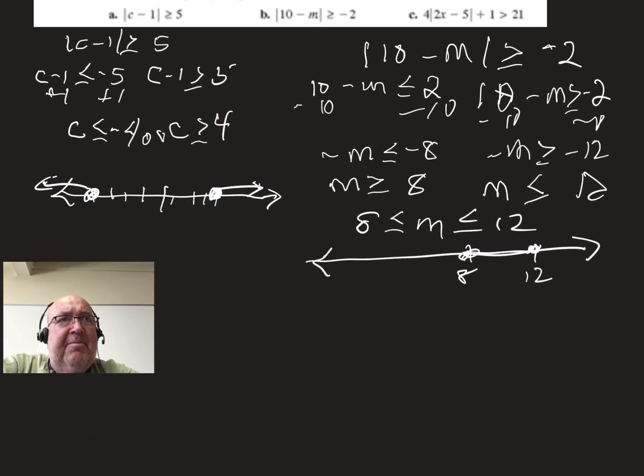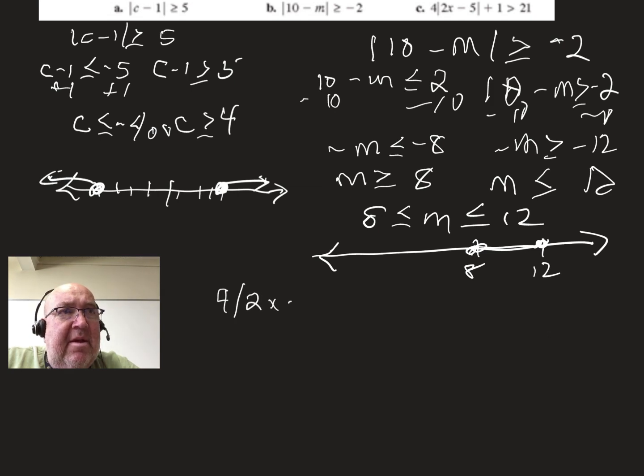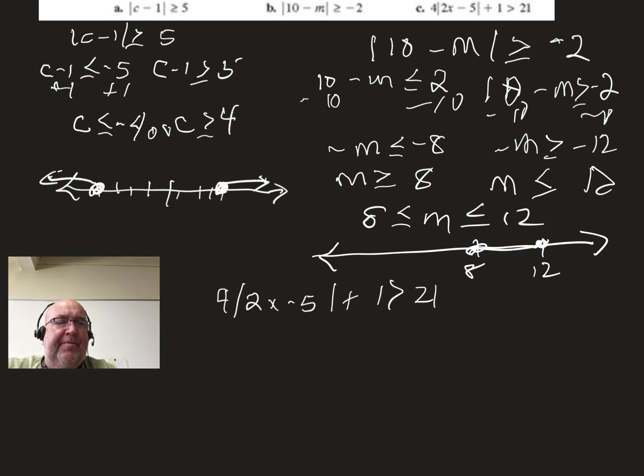Finally, looking at problem C, we have 4 times 2x minus 5 plus 1 is greater than 21. So remember, we want to get the absolute value portion of the equation by itself. So we're going to do opposite operations.